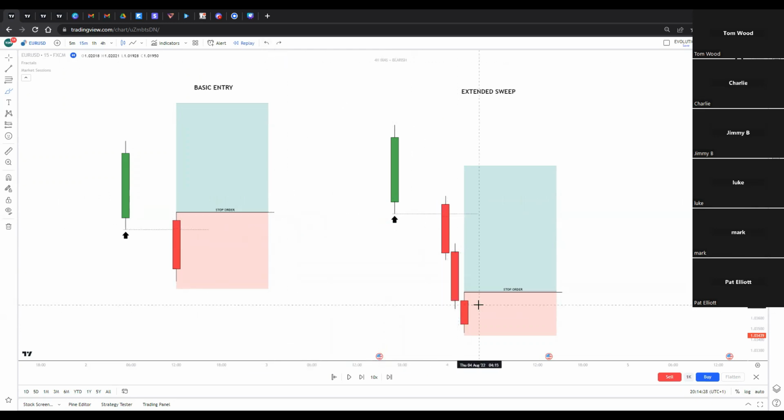We push lower and push lower. This is why we call it an extended sweep, because we are extending our sweep down and placing, again, a stop order on the high of the candle. It'll become more apparent when I show you some examples.